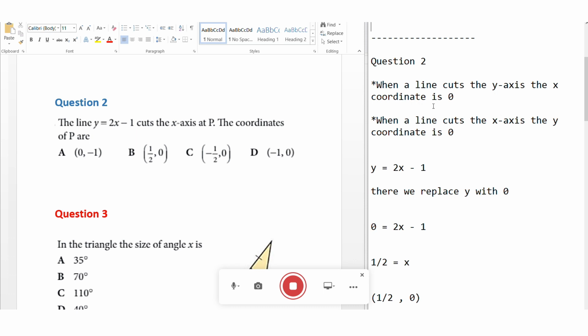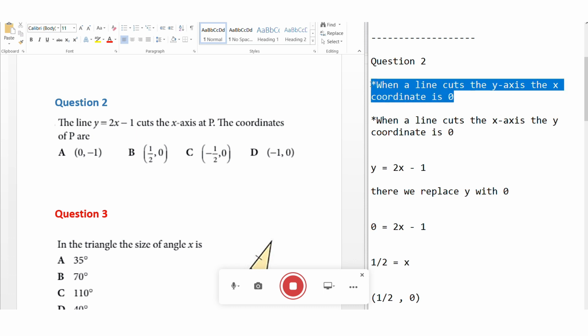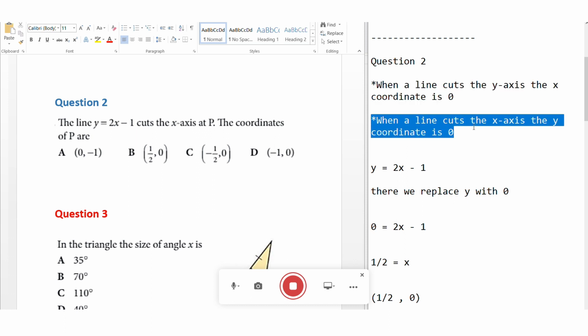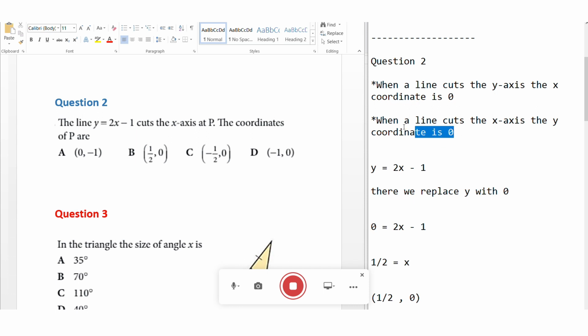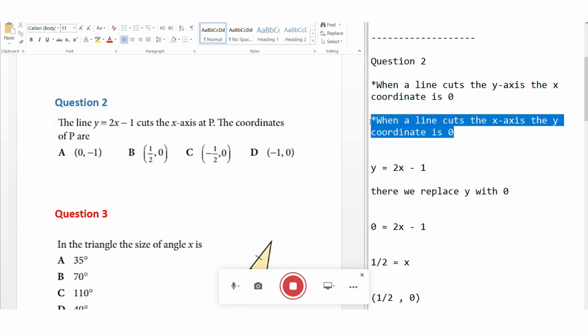Well, let's go through some brief revision. When a line cuts the y-axis, the x-coordinate is automatically 0. However, when a line cuts the x-axis instead, the y-coordinate is 0. Now, this question here is talking about the line cutting the x-axis. So that means we will be paying attention to this piece of information.